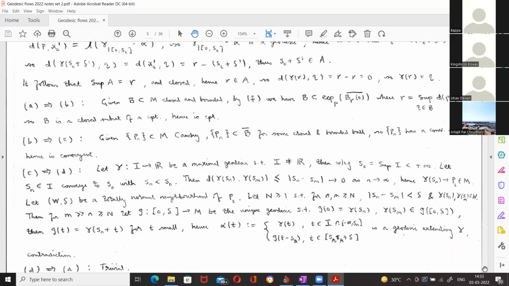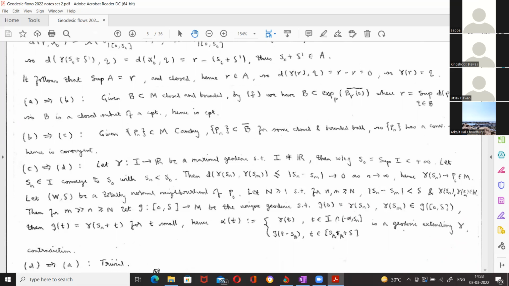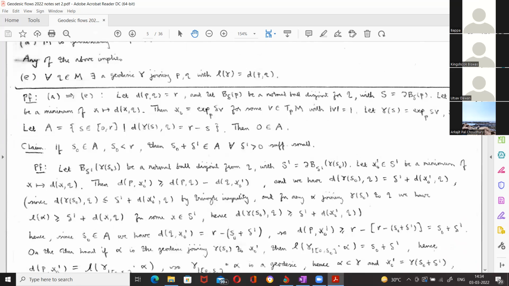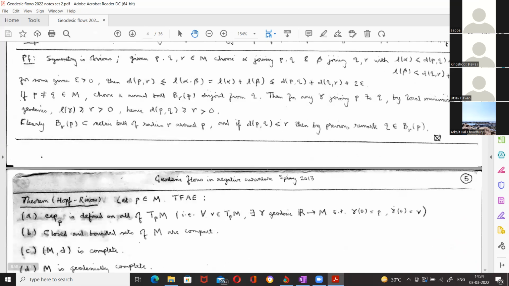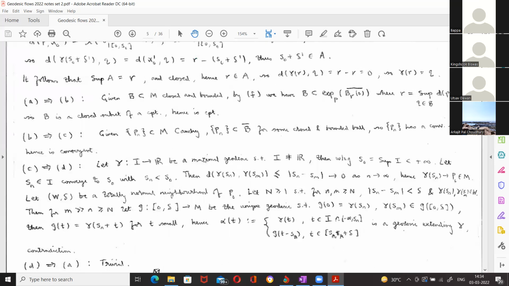And then B implies C. We have to show that if closed and bounded sets are compact, then M as a metric space is a complete metric space. So that's also easy. If you take a Cauchy sequence Pn in M, then any Cauchy sequence in a metric space is bounded. So Pn is contained in some closed and bounded ball, B closure.